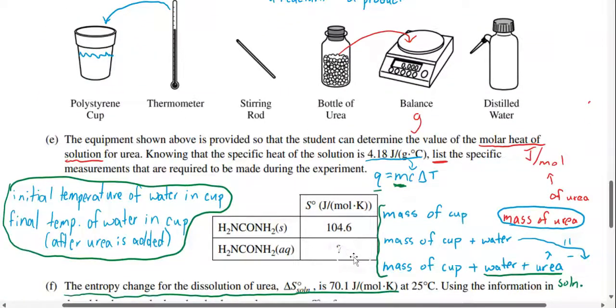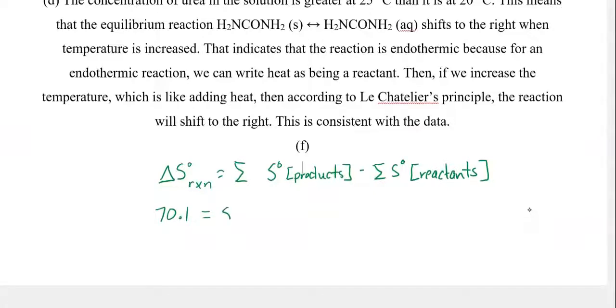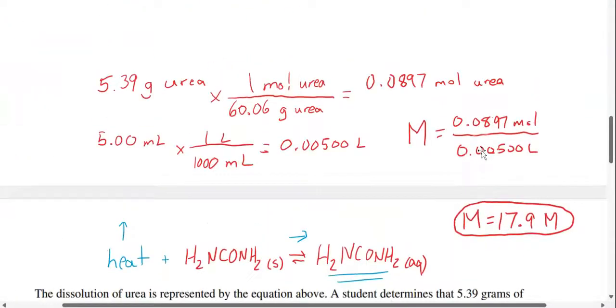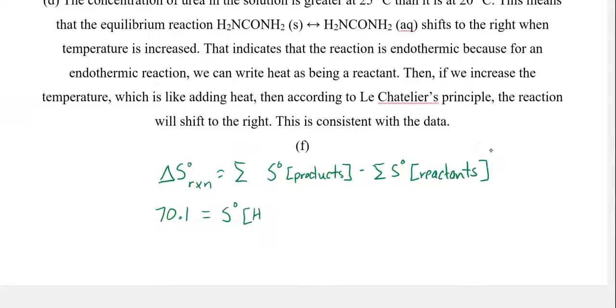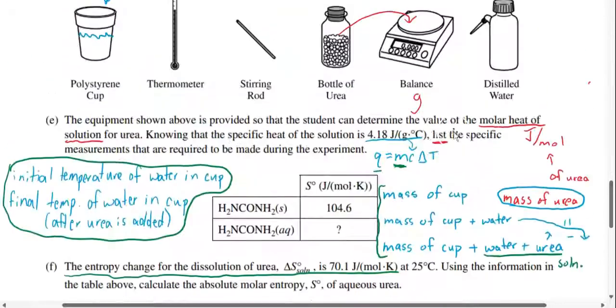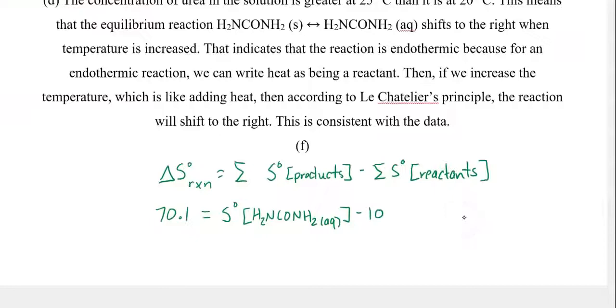We don't know what that is. So we get the entropy of H2NCONH2 aqueous minus the reactants, which is the solid, which is 104.6.